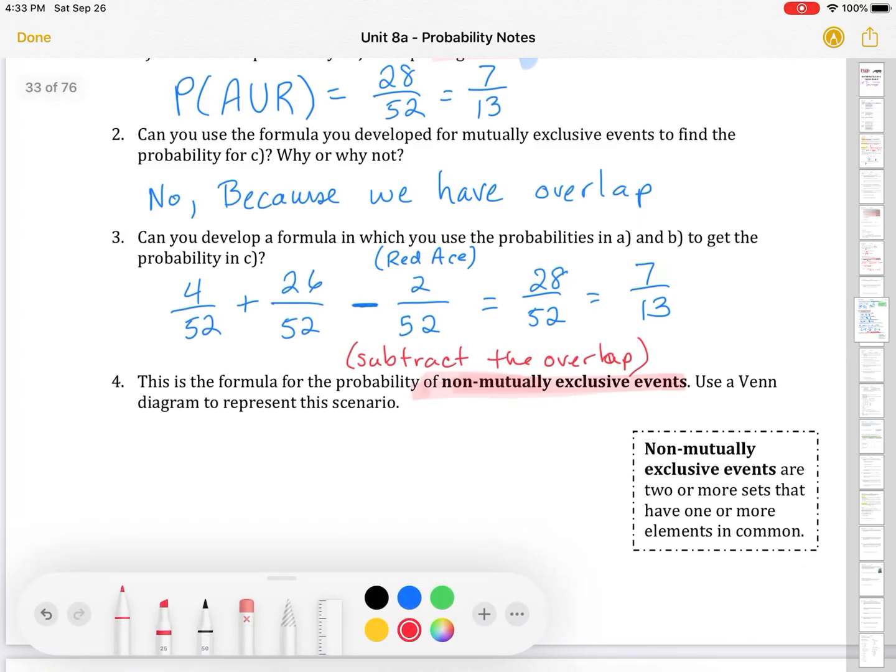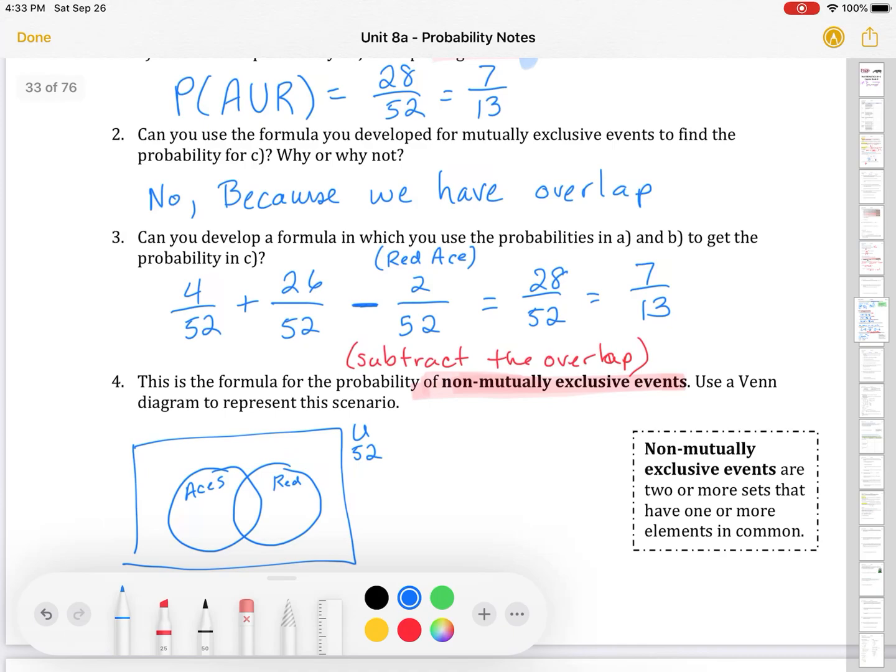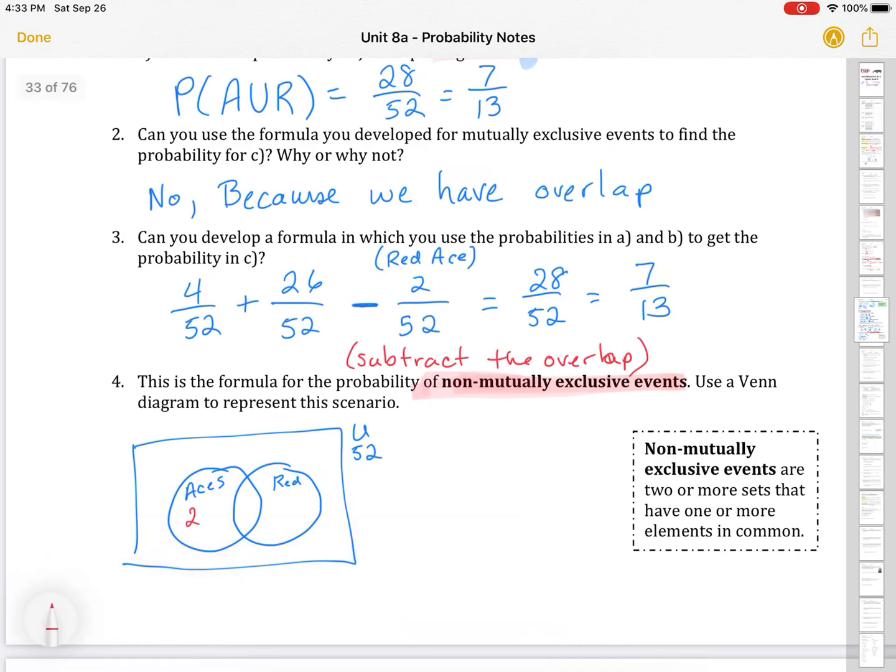So this formula for probability of non-mutually exclusive events, we can show with a Venn diagram. So if we have our Venn diagram for this example, we have our universal set, which has 52, and in it we have red and we have aces.